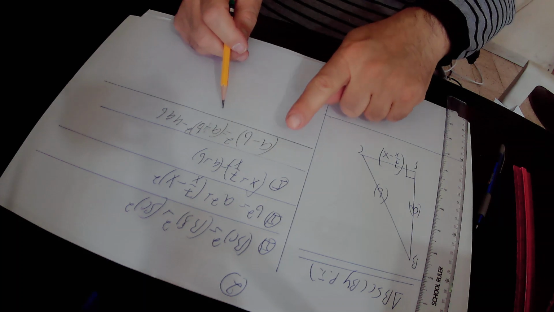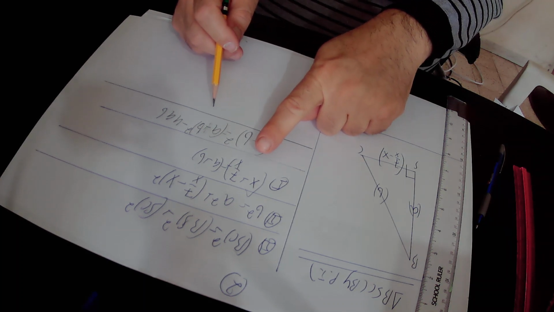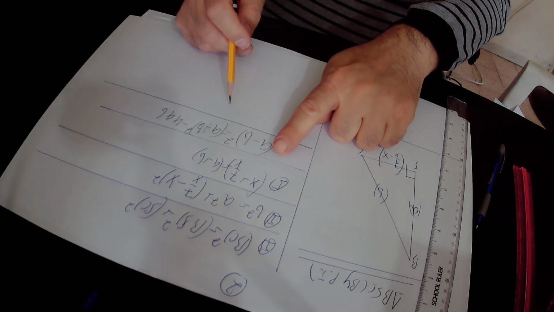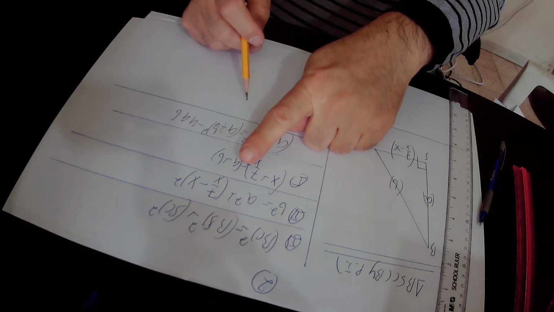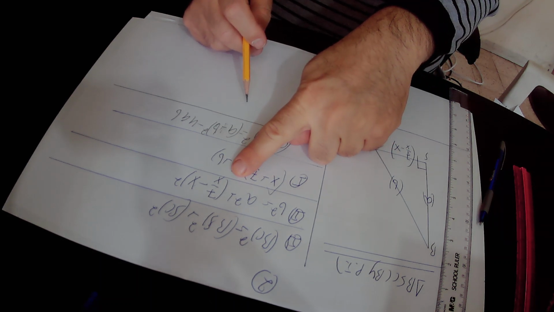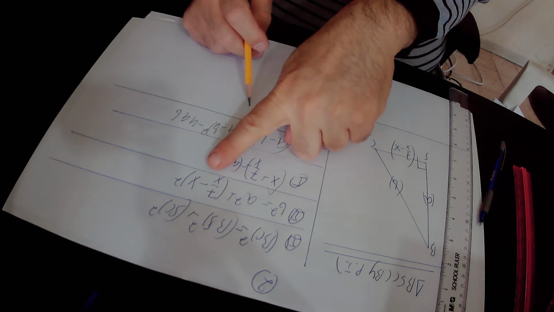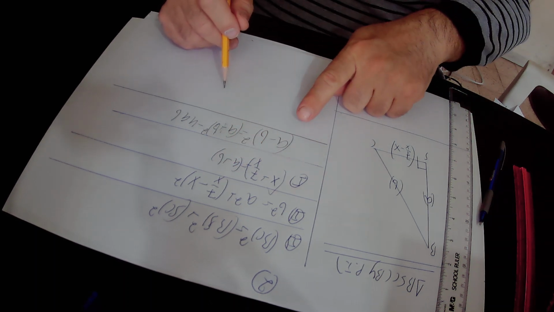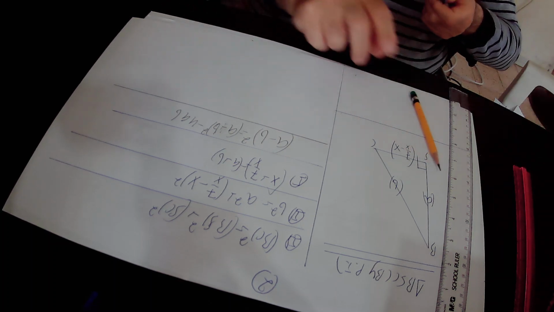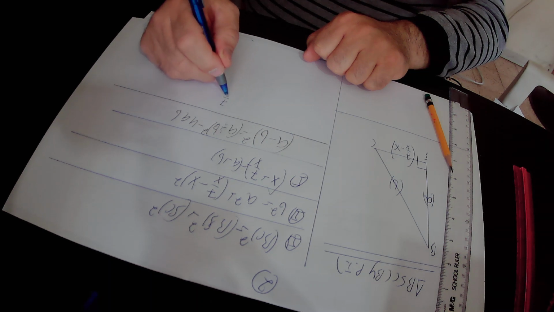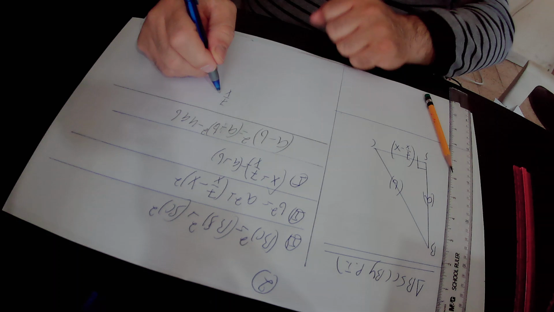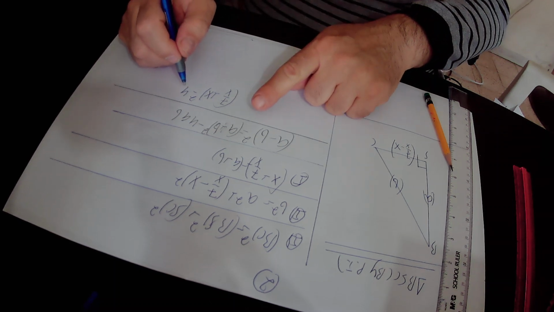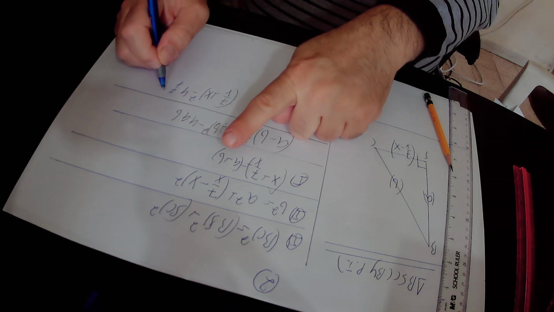Here we have 7 over x minus x. So if we define A as 7 over x and B as x, we find that (7 over x minus x) squared, according to this algebraic identity, will be equal to (7 over x plus x) squared minus 4 times A, which is 7 over x, times B, that is x.